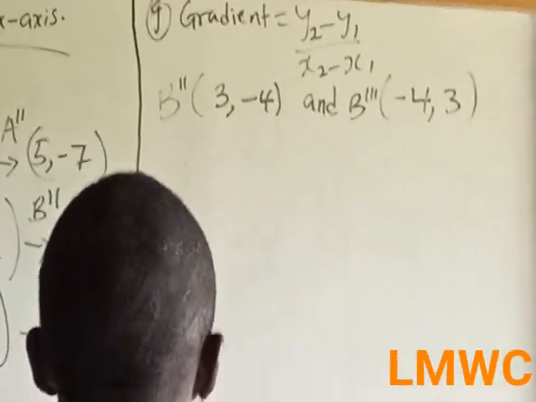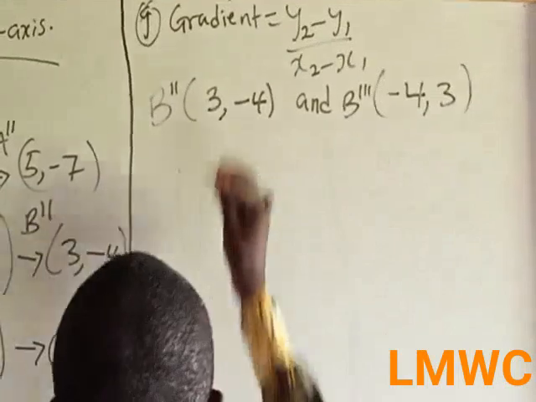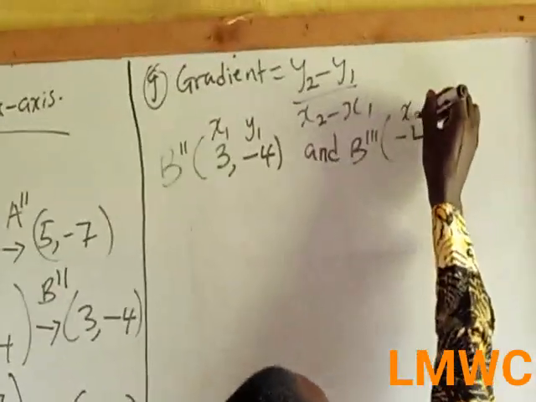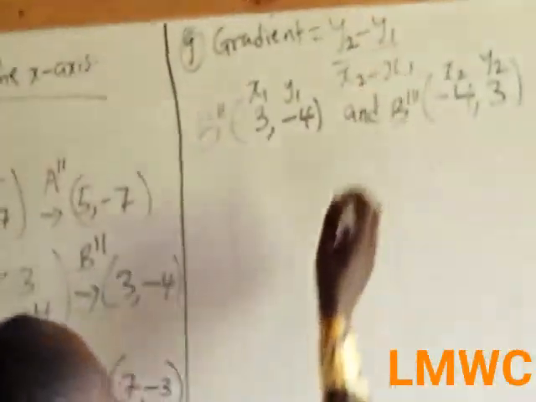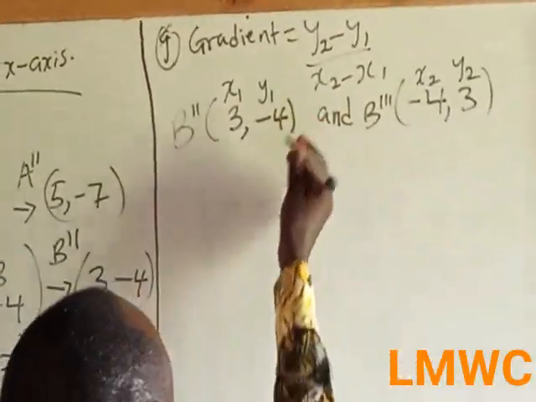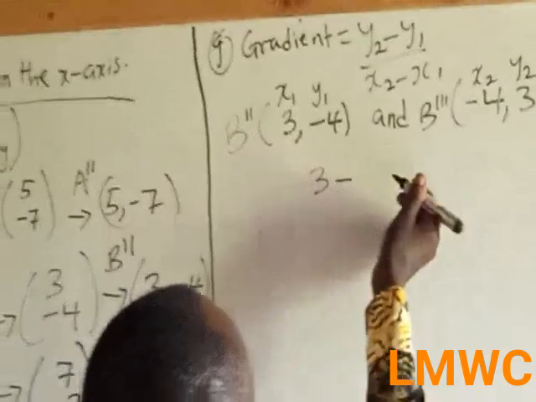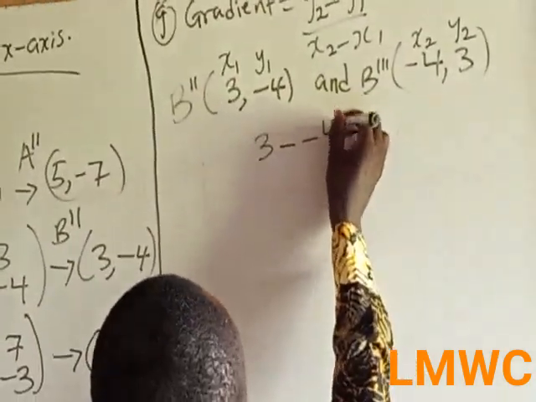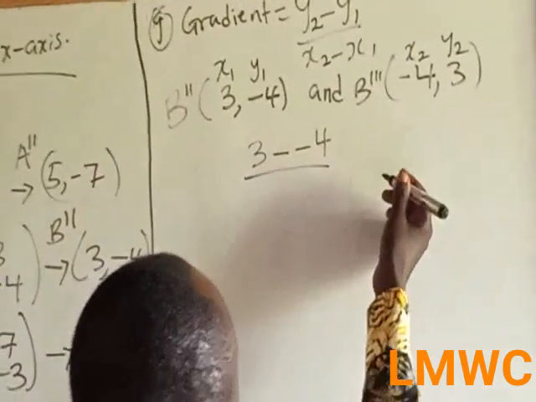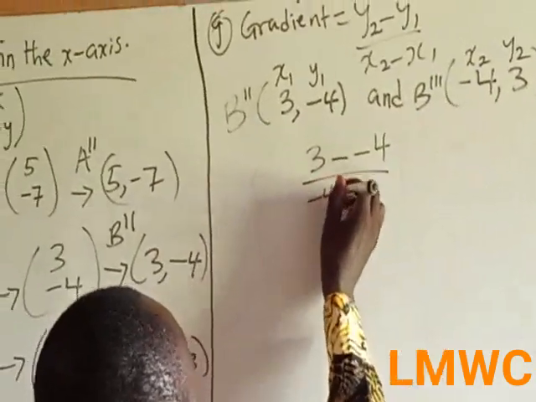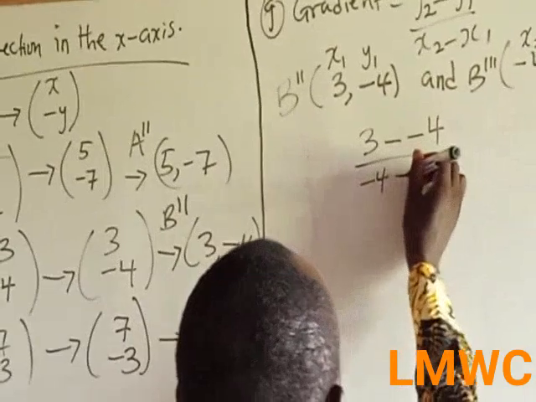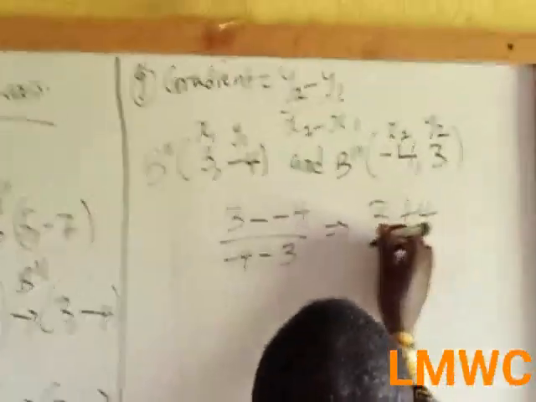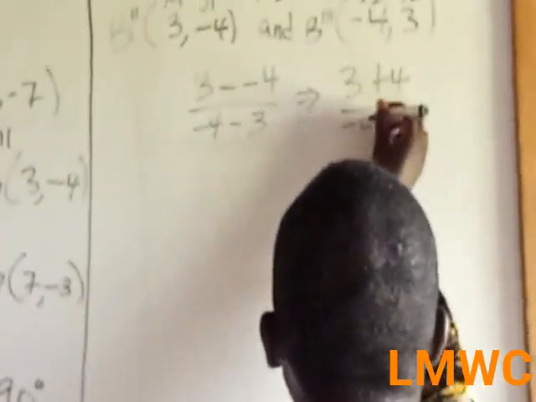So this is x1, y1, x2, y2. Let's use the formula. So what is y2? y2 is 3 minus y1, which is 4. So it becomes this over, what is x2? x2 is negative 4 minus x1, we have 3. So we have 3 minus 4 over negative 4 minus 3.